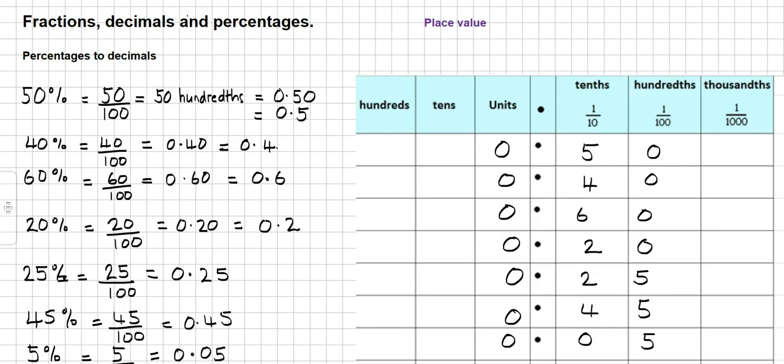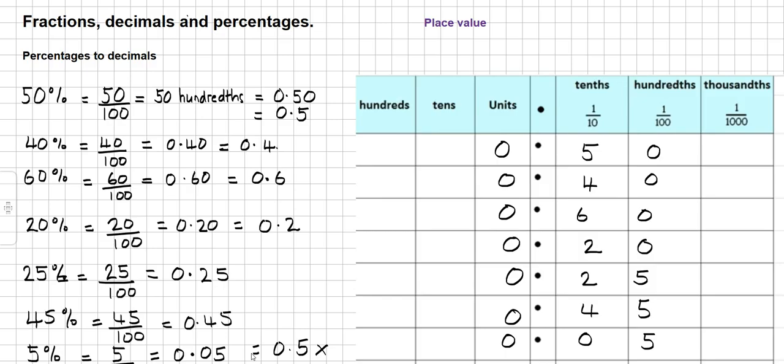I've often seen students think 5%, okay, so following the same rule, we're just writing that number, so it would be 0.5. But if you stop and think about it for a second, you know that 0.5 is 50%, so it can't possibly be 5%.